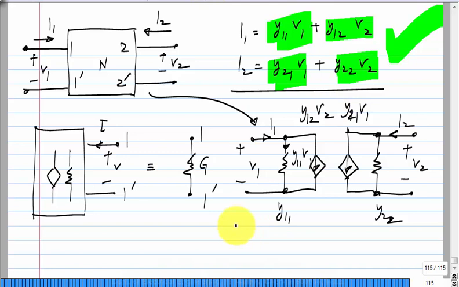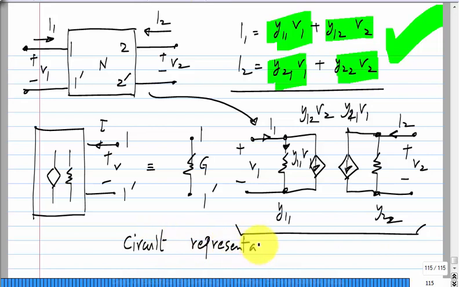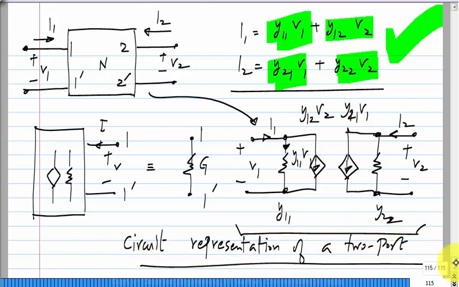So, this is the circuit representation of a two port.